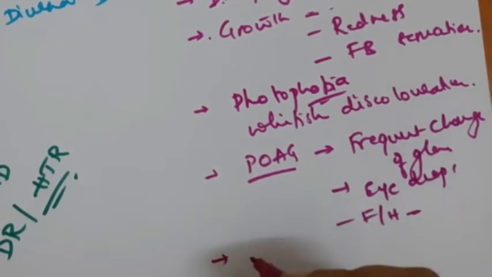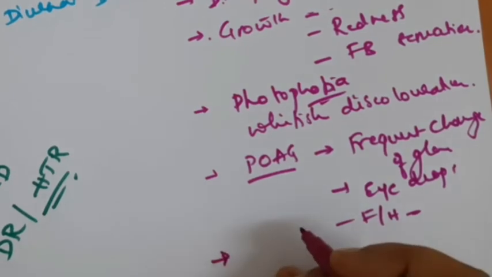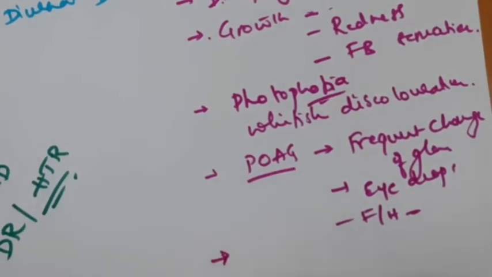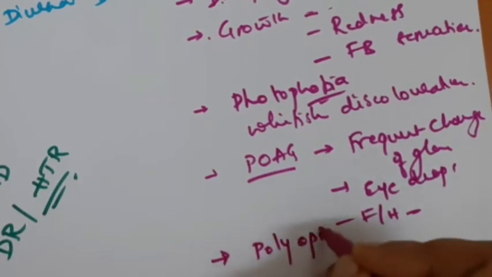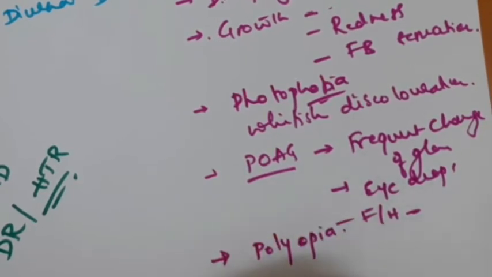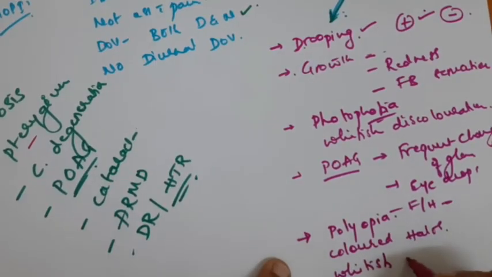In cataract, if you want to either rule out or confirm cataract, what questions will you ask? Again, the patients may have symptoms of polyopia, or colored halos, or whitish discoloration in the center of the cornea.